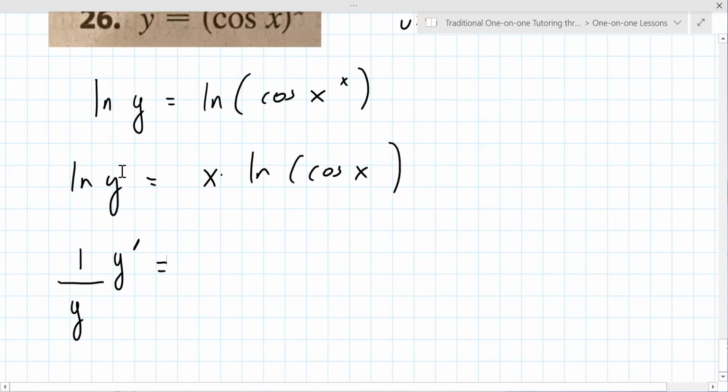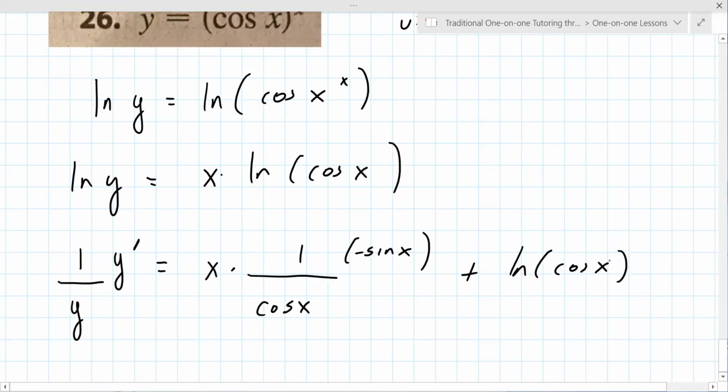Okay, so that's clear. On the right, it's almost always product rule. A few exceptions, but almost always product rule. So it's just like we've been doing. It's x times the derivative of natural log, which is 1 over cosine x, times the derivative of cosine, which is minus sine x, plus natural log of cosine x times the derivative of x, which is 1.